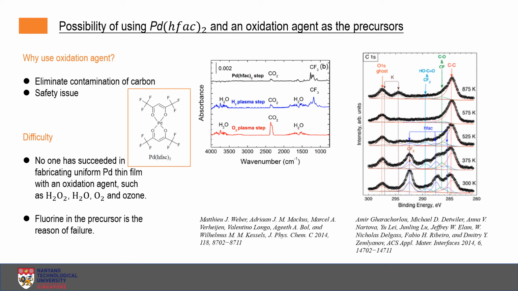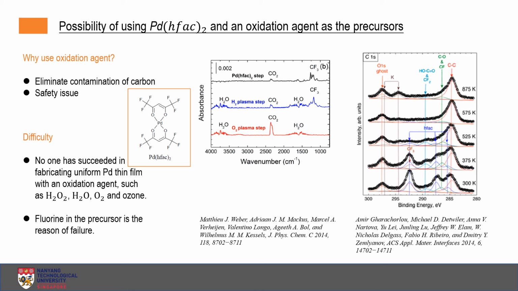Now here comes the last question. Is it necessary to consider the possibility of using Pd(hfac)2 and an oxidation agent as the precursors? The answer is yes. There are two reasons. First, as we know in the previous study, an oxidation agent helps eliminate the contamination of carbon, so it can help increase the growth rate.